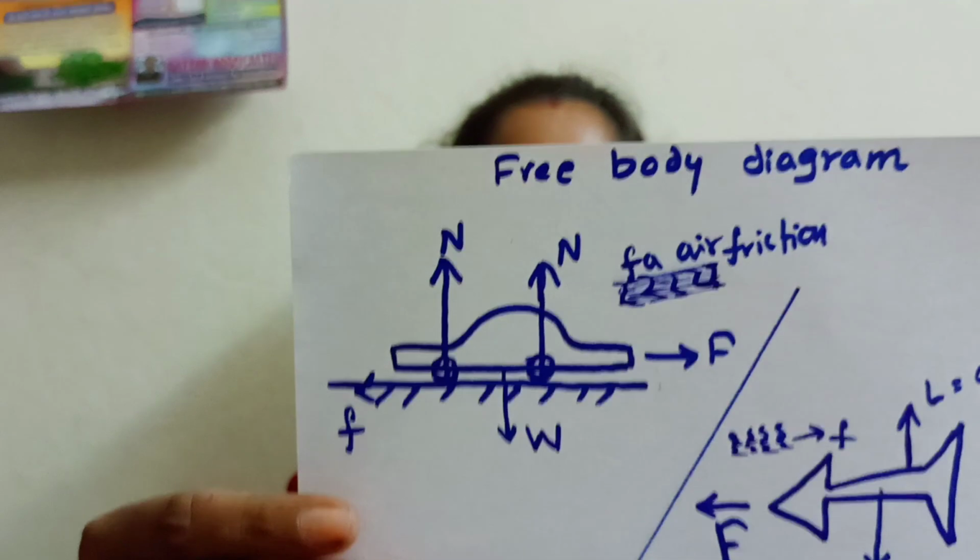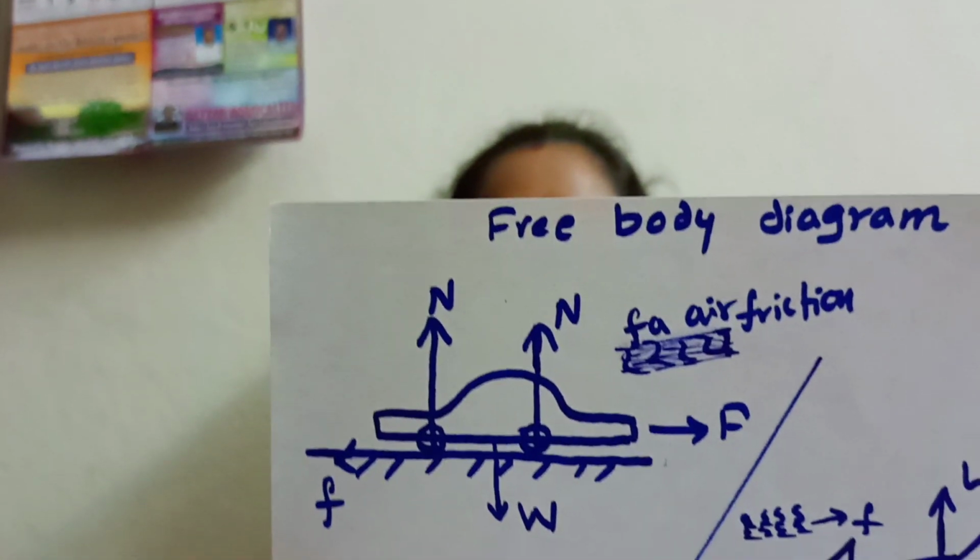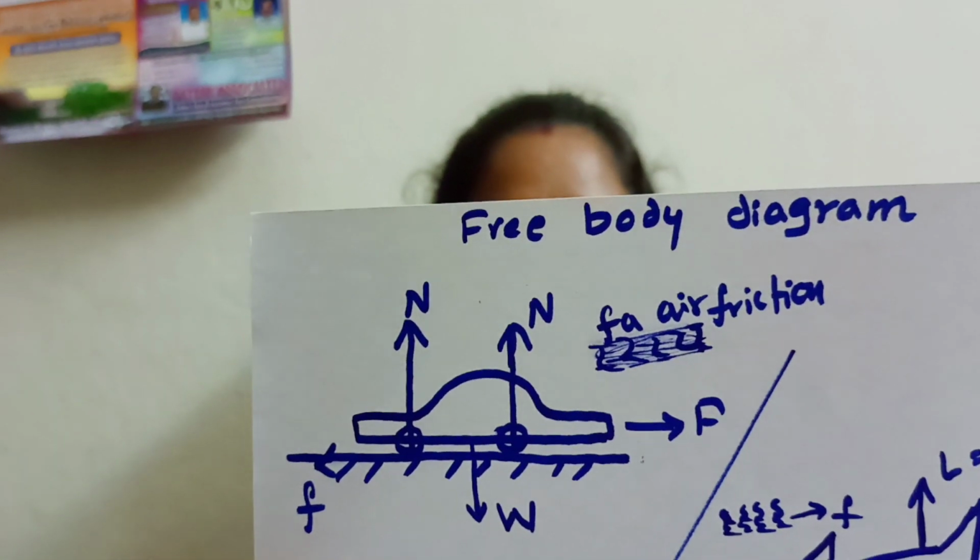In physics, whenever we want to know which forces are acting on the body and in which direction, we draw diagrams, and those diagrams are famously called a free body diagram. Let's see this picture.